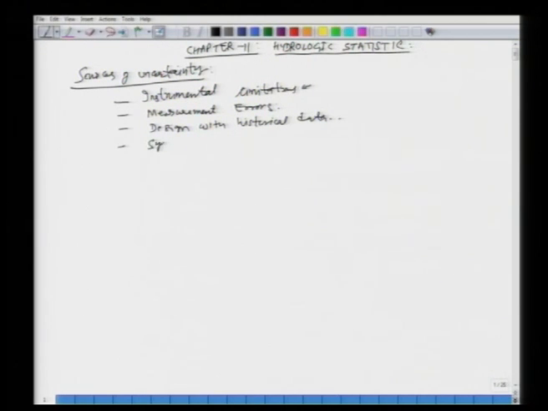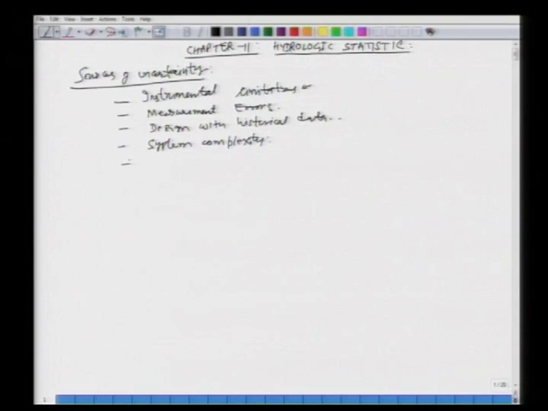There may be errors in your analysis due to system complexity. What do we mean by that? Our system may be extremely complex, but we may be assuming a simpler approach. So, that may be a source of error in your analysis. And as I said, I am not going to list the remaining ones, many others.